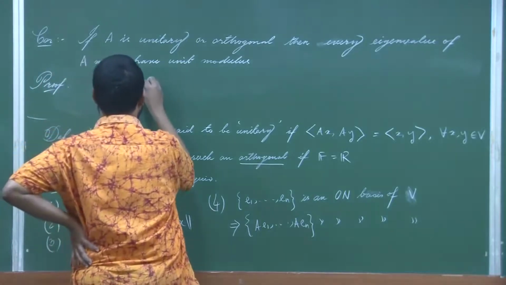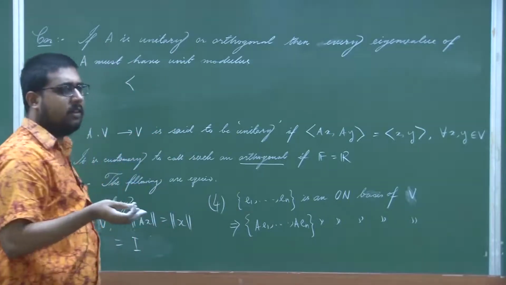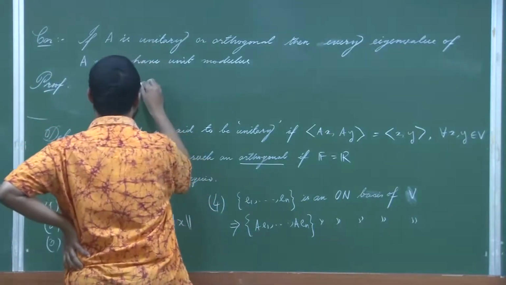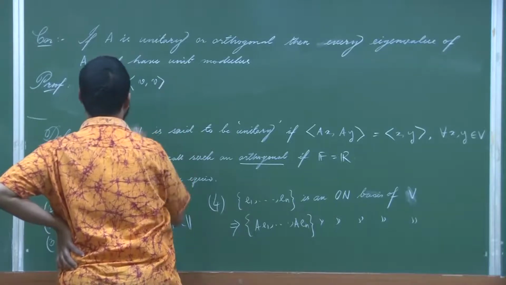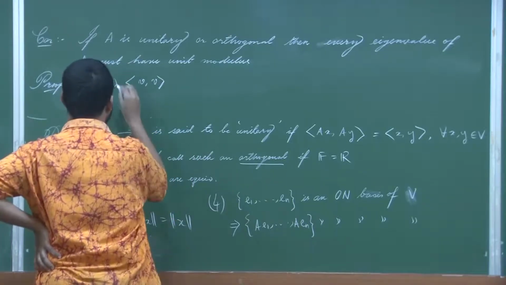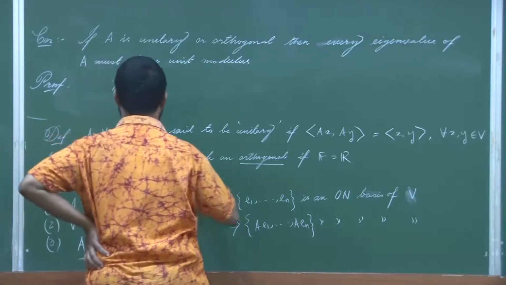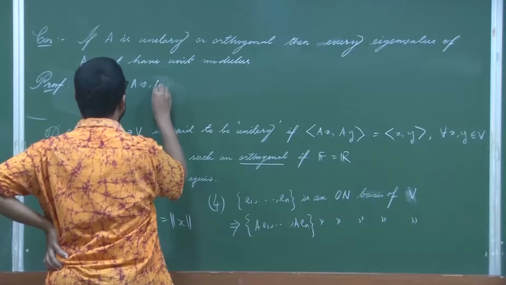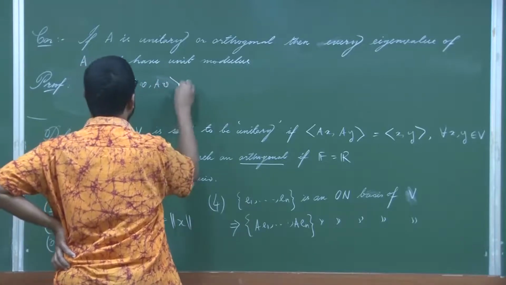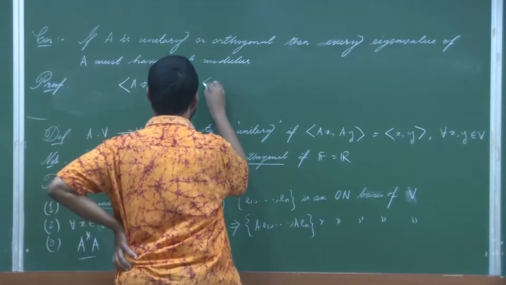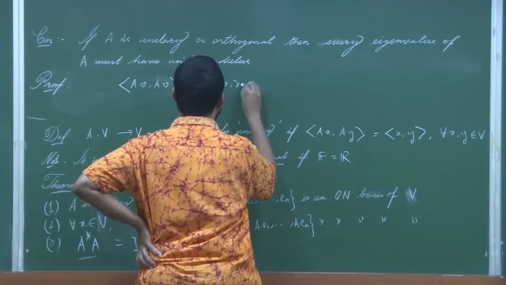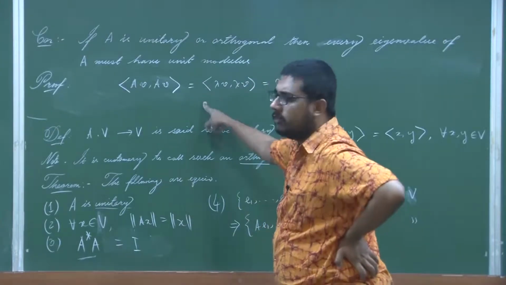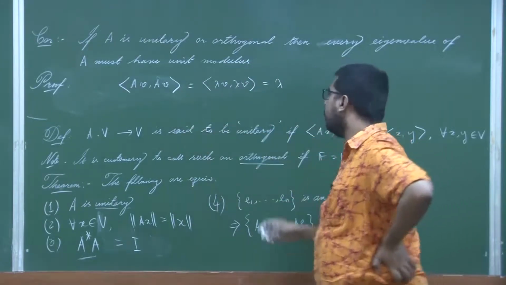So, suppose V is an eigenvector having eigenvalue lambda, then consider <AV, AV>, which is <lambda V, lambda V>. From the first slot lambda comes out, and from the second one lambda bar comes out.